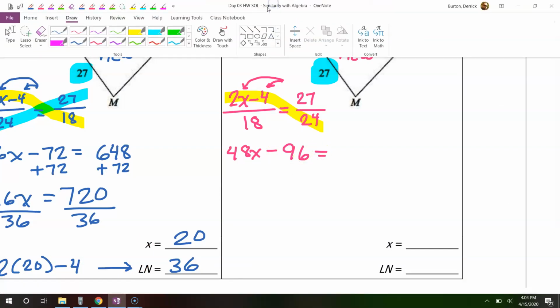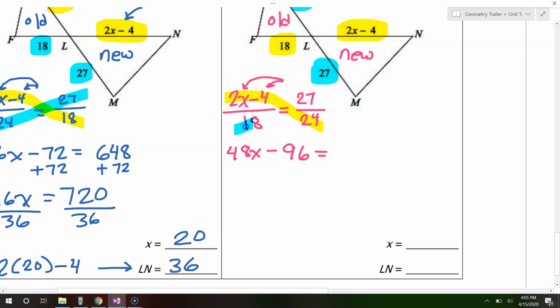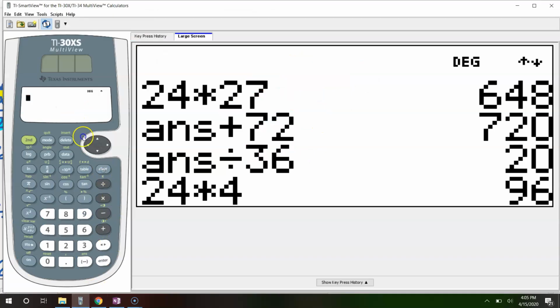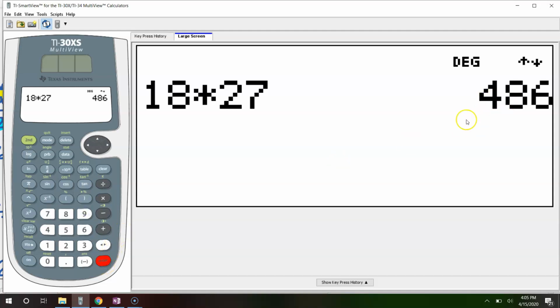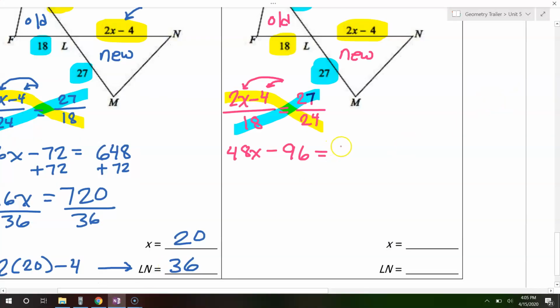And now we do the up diagonal. 18 times 27 is 486. Time to add 96 to both sides.